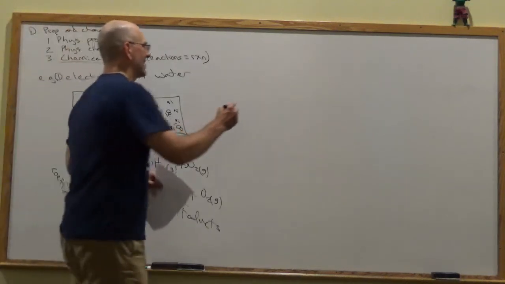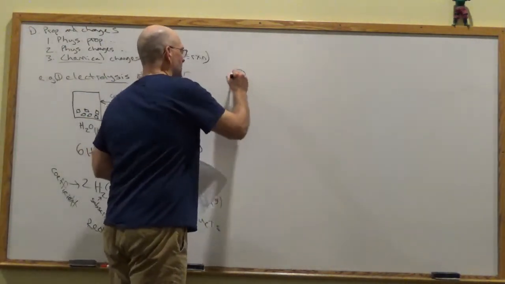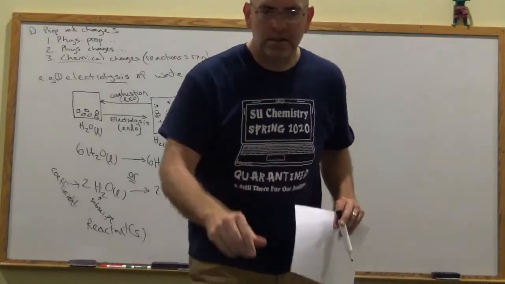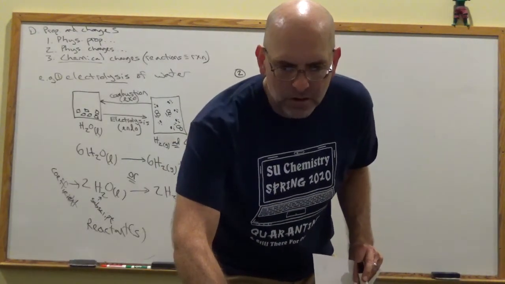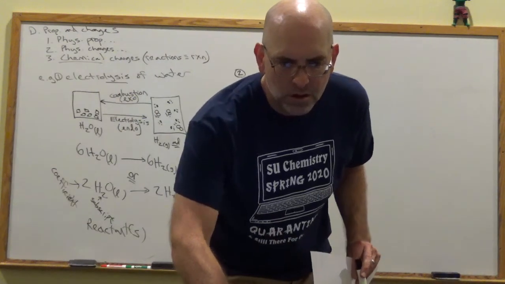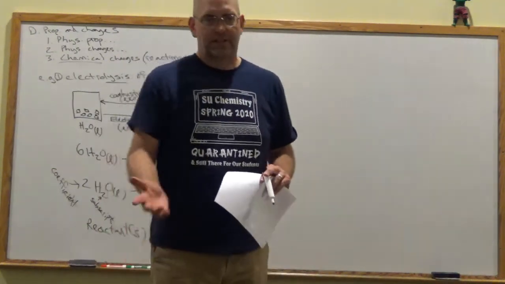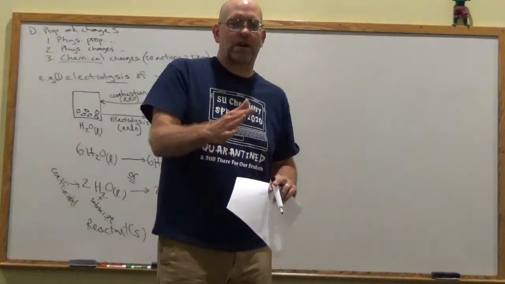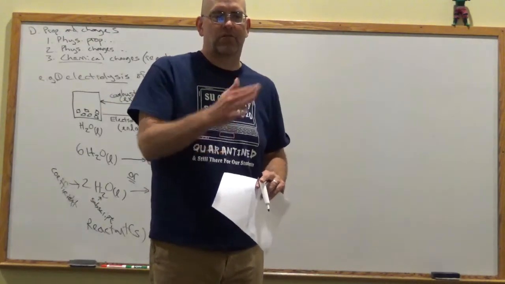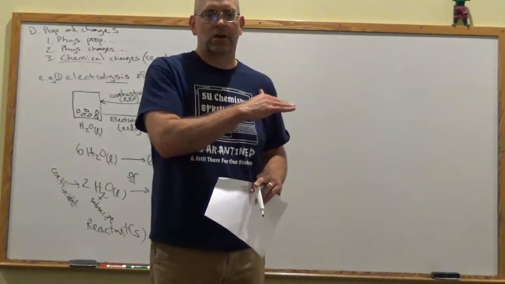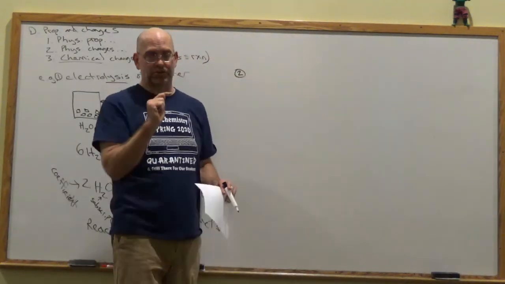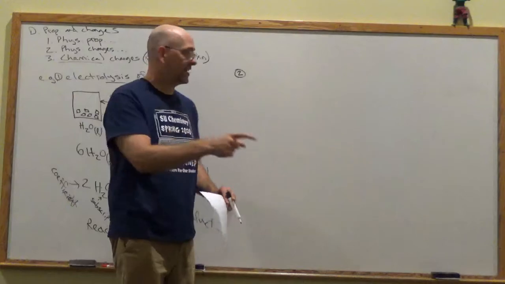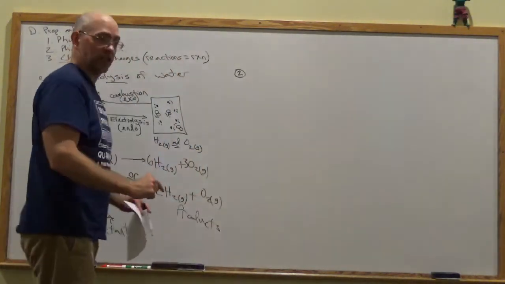Okay, the second example. And you can go ahead and try to write it down. Let's do the reverse. Let's actually write the chemical equation first before we do the cartoon picture. Because that's actually more important to me right now, is that you can take that sentence description and translate it into a balanced chemical equation.